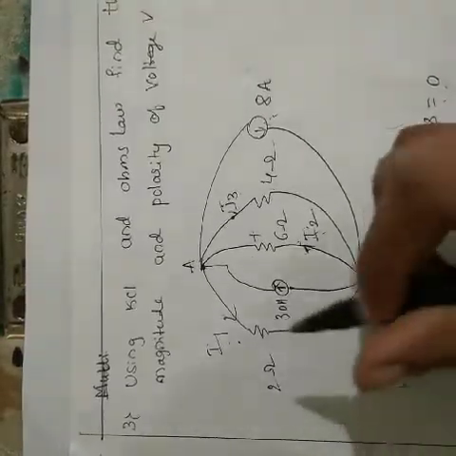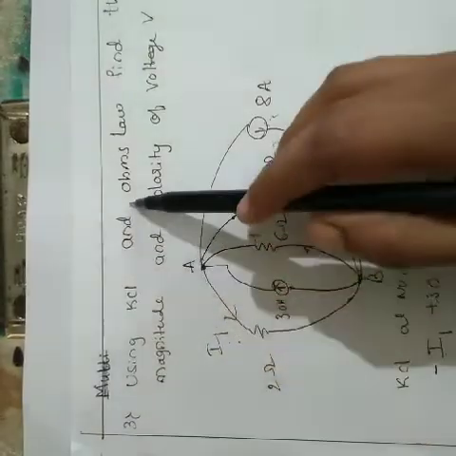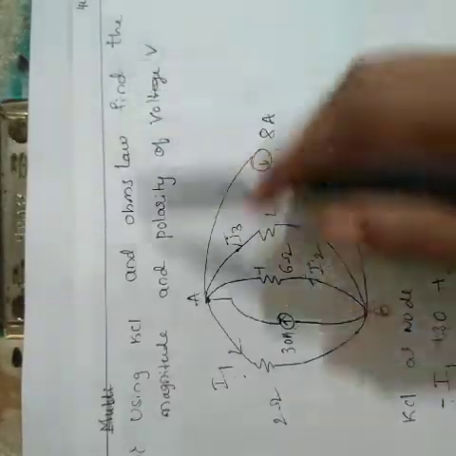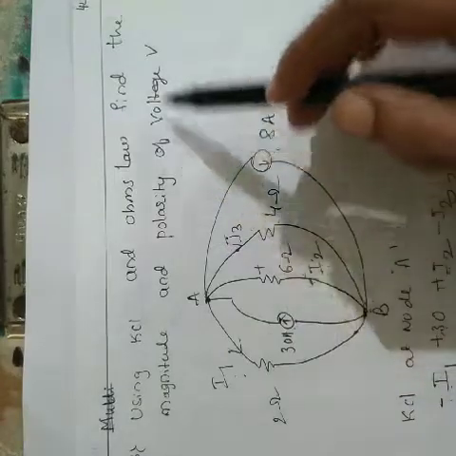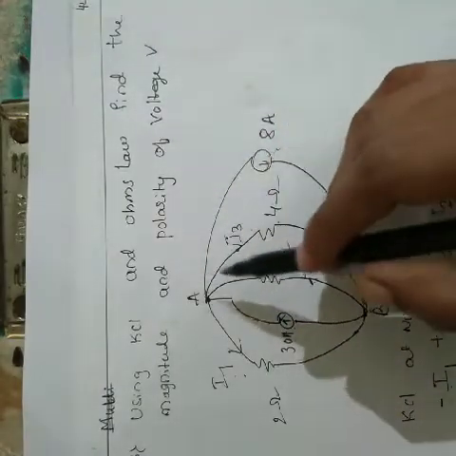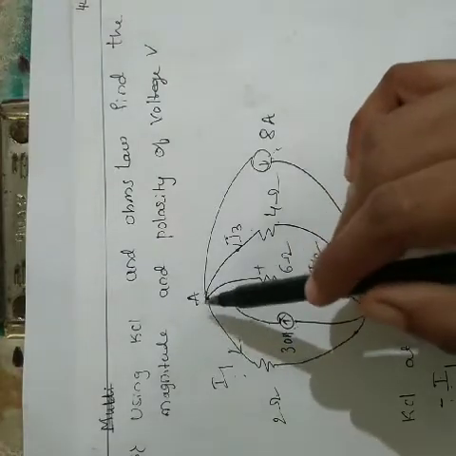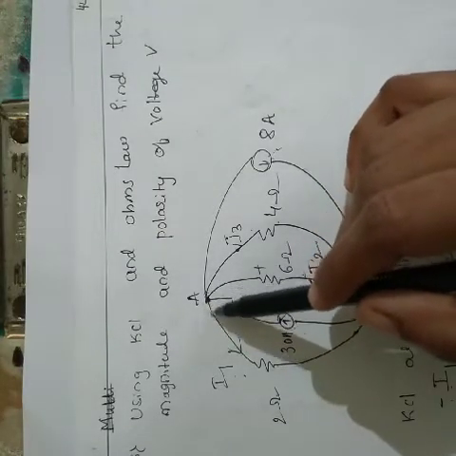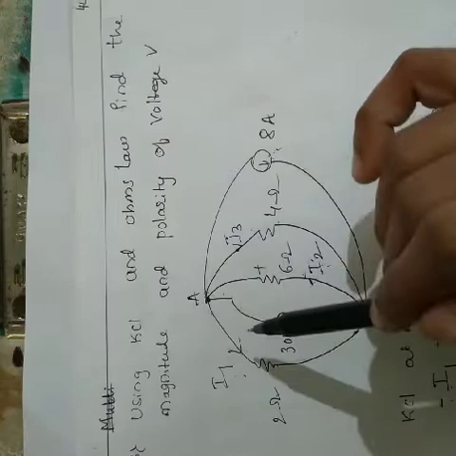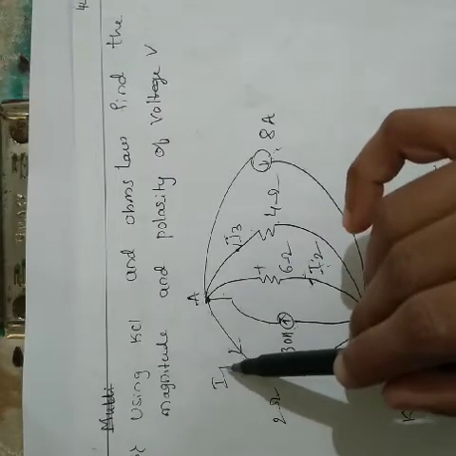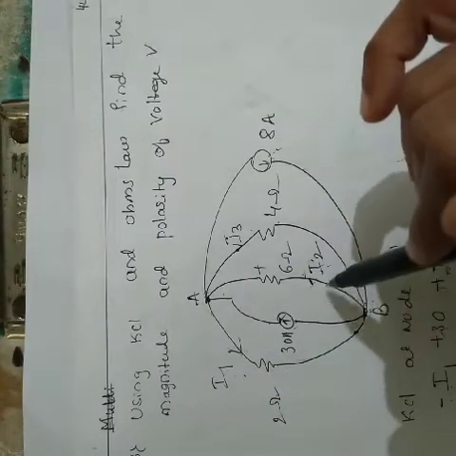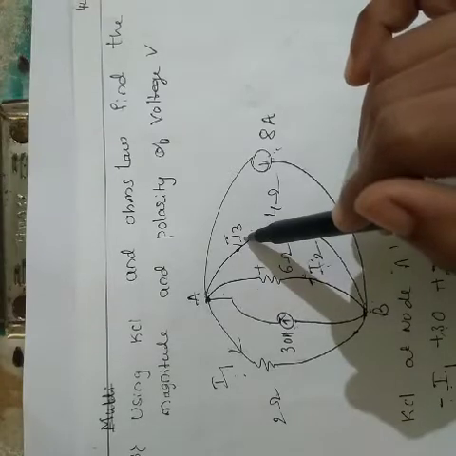Then third problem, using KCL and Ohm's law, find the magnitude and polarity of voltage V. They have given one parallel electric circuit having 5 branches, 1, 2, 3, 4 and 5 branches are there. Then find I1 is question mark, I2 is question mark, I3 is question mark.